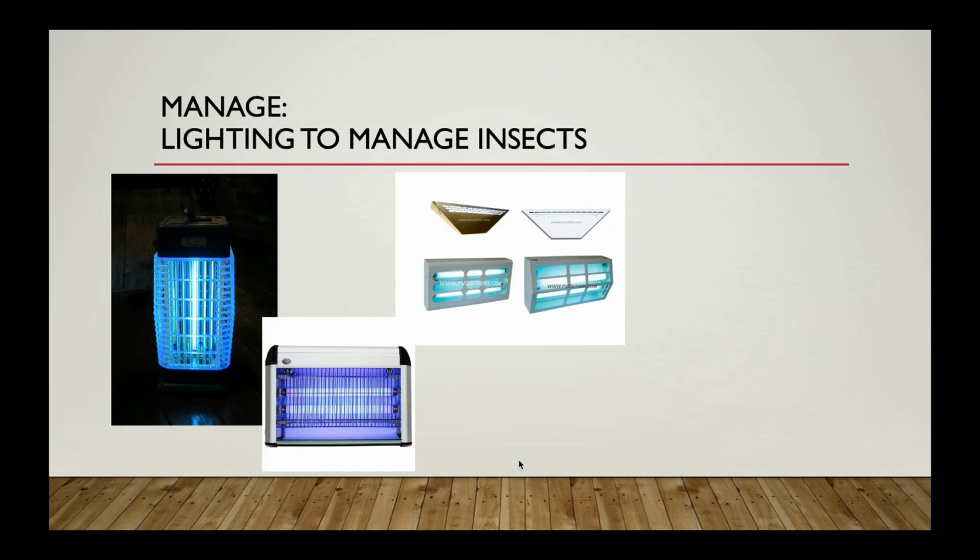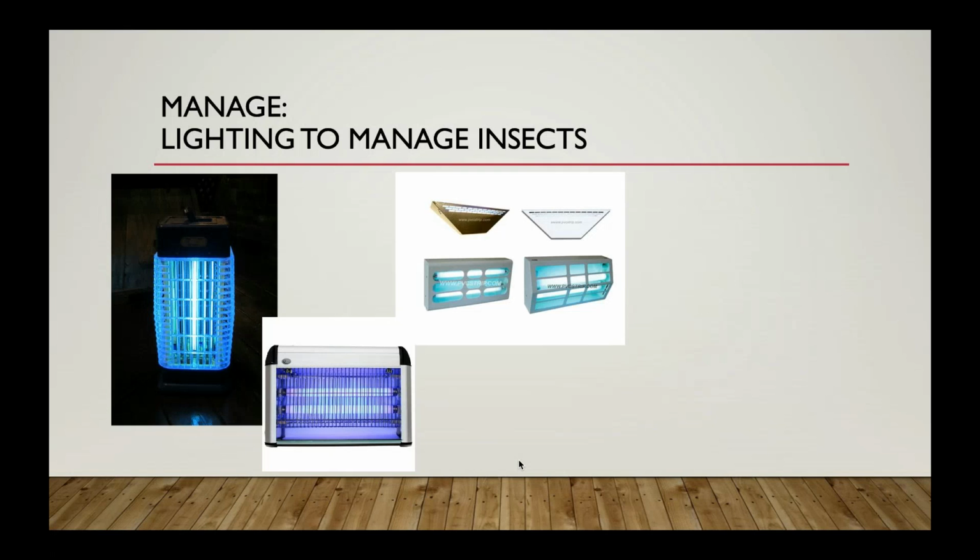So it's a reasonably complex way of doing the work, but once you get the hang of it and once you've been trained and see how it works, using light to manage insects is particularly good. It also provides you with long-term benefits because the lights themselves wear out. The UV section of the light won't last forever. Indeed, some of them have to be changed 3 and 4 times a year.